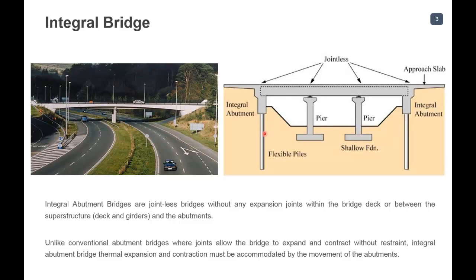Unlike conventional abutment bridges, where joints are allowed in the bridge to expand and contract to take care of thermal expansion and contraction, in integral bridges, as we don't have expansion joints, all this thermal expansion and contraction should be accommodated by the movement of the substructure, which is your abutments and the piles below.